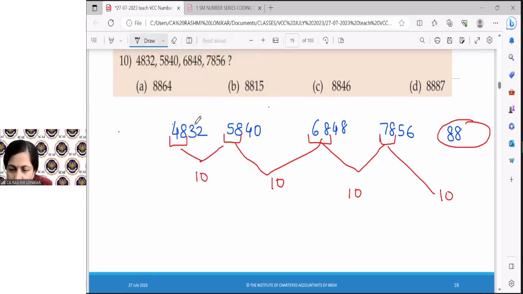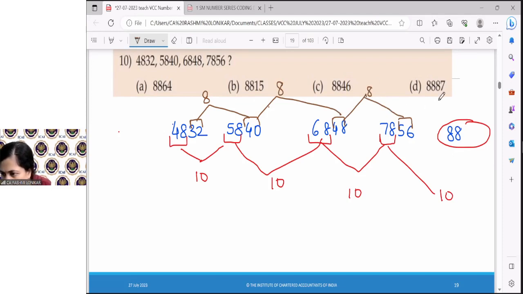Now, what is this? This is 32, 40, 48, 56. What is the difference between 32 and 40? The difference is 8. The difference is 8. 40 to 48, difference is again 8. 48 to 56, difference is 8.